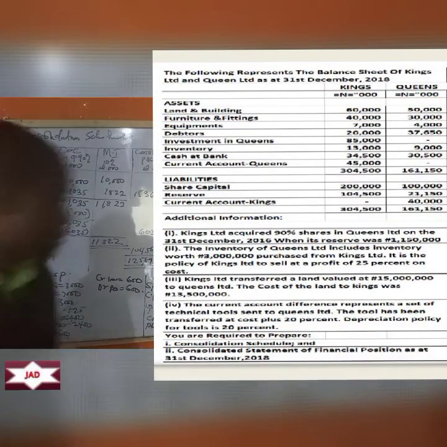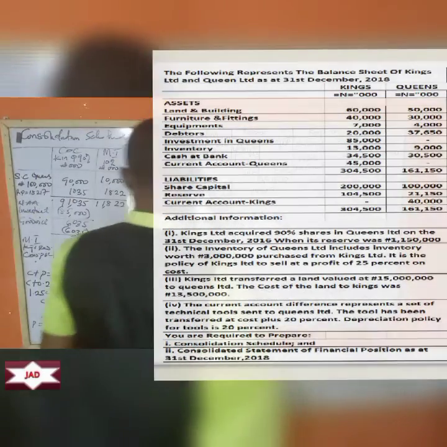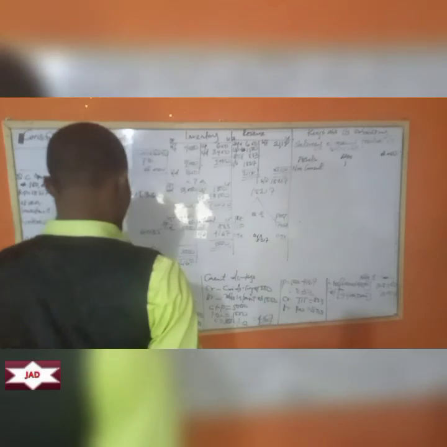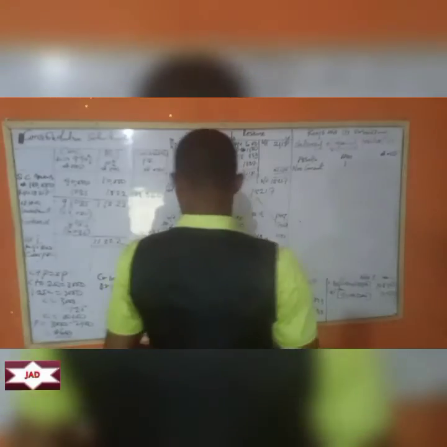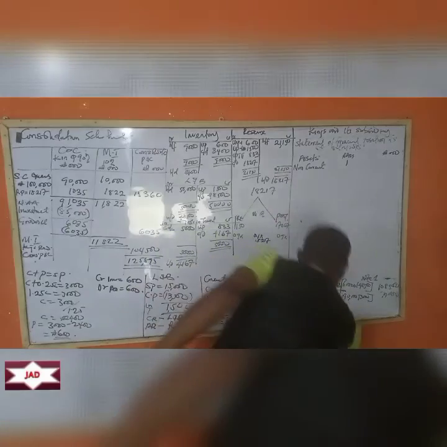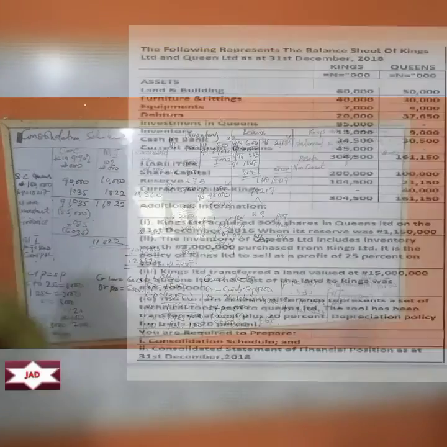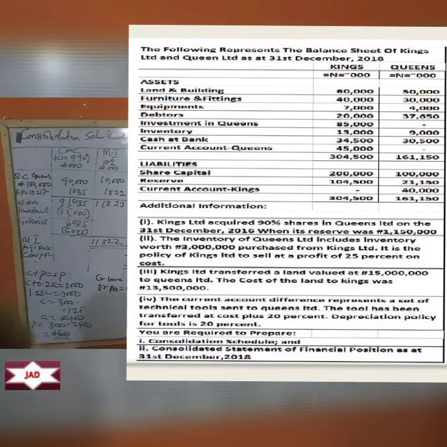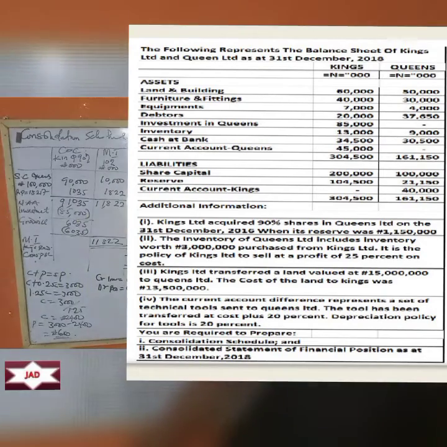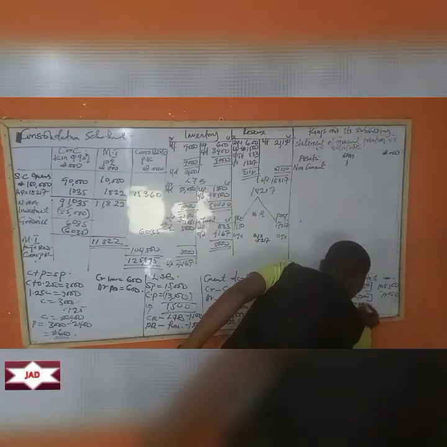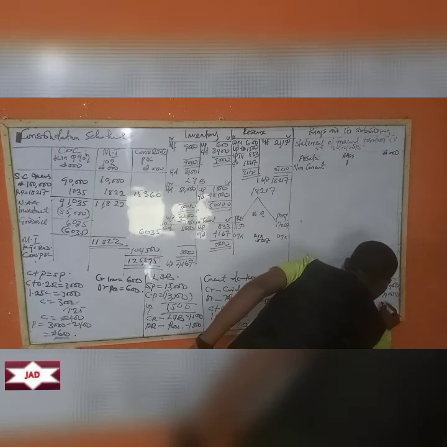Equipment. Is there anything on equipment? Nothing on equipment. Equipment there is what? 7 plus 4,000, that's 11,000.